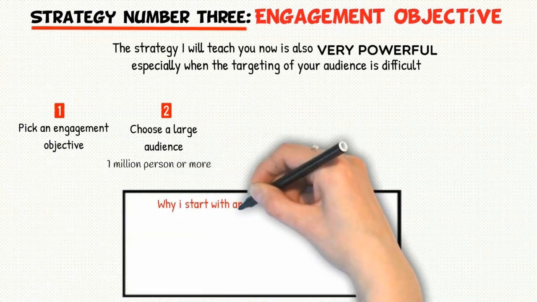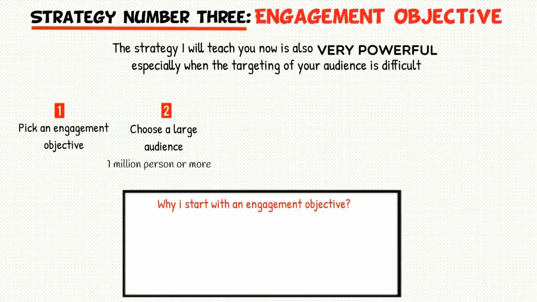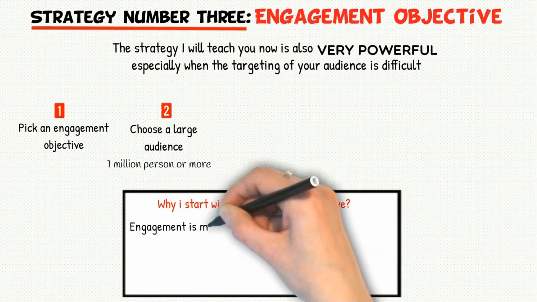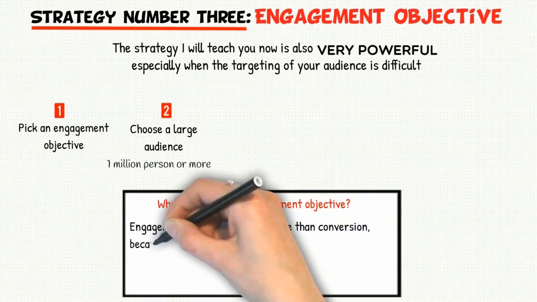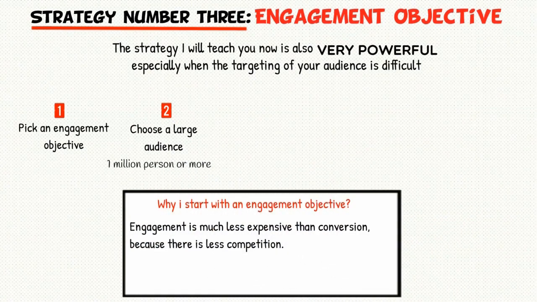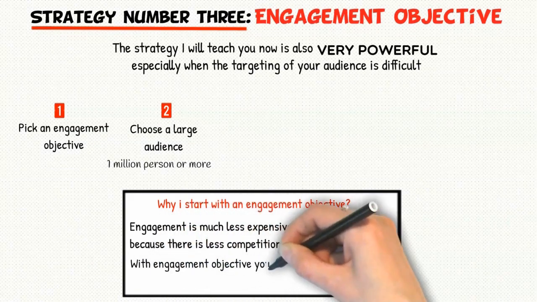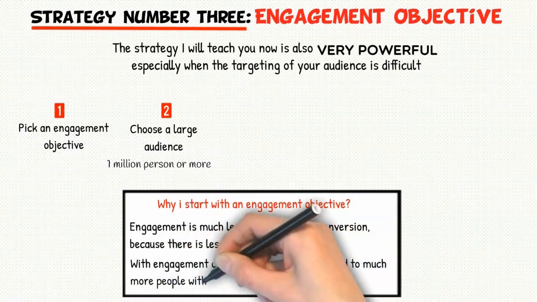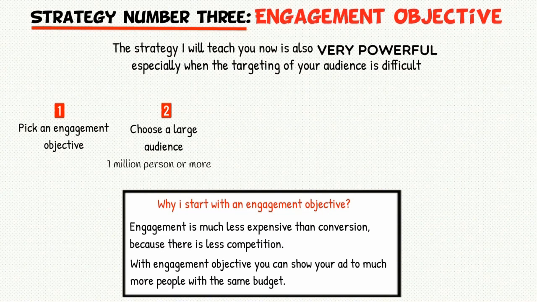Why do I start with an engagement objective? Well, because engagement is much less expensive than conversion, because there is less competition. And when you have a large audience, it's better to target them with engagement first. With an engagement objective, you can show your ad to many more people with the same budget.